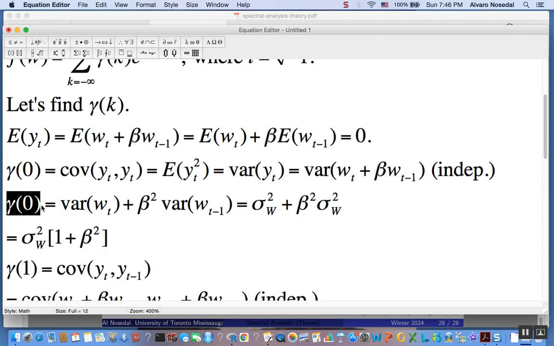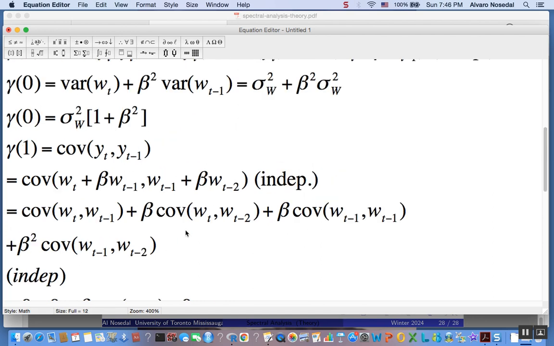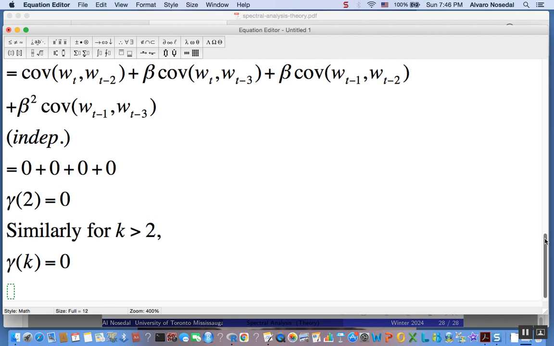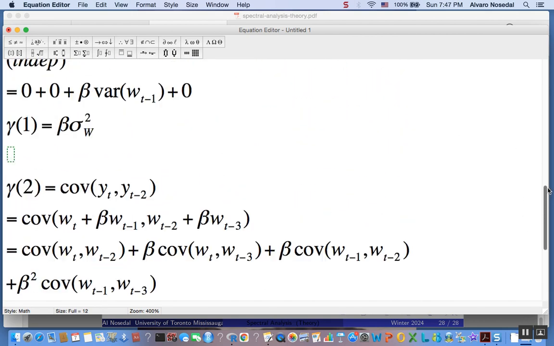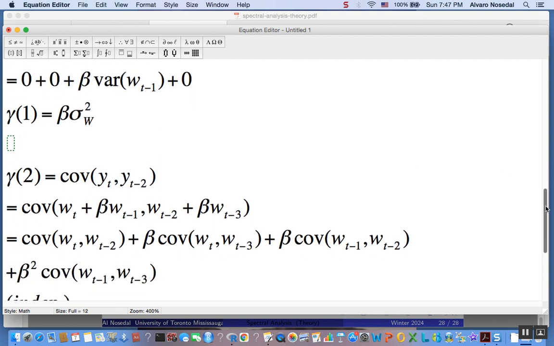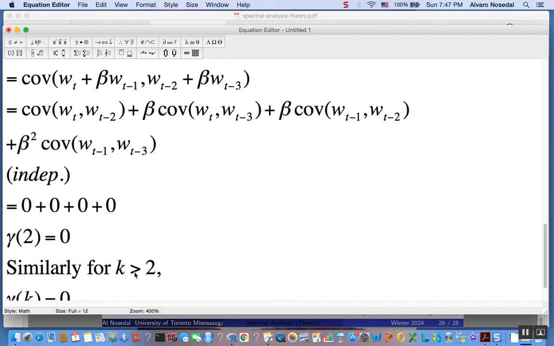So gamma at 0, the autocovariance function at lag 0, is sigma squared times 1 plus beta squared. That's one. The other one that we have is gamma at 1. Gamma at 1 happens to be beta times sigma squared of w. Finally, we showed that gamma at k, the autocovariance function, is 0 for any lag that is 2 or greater than 2.